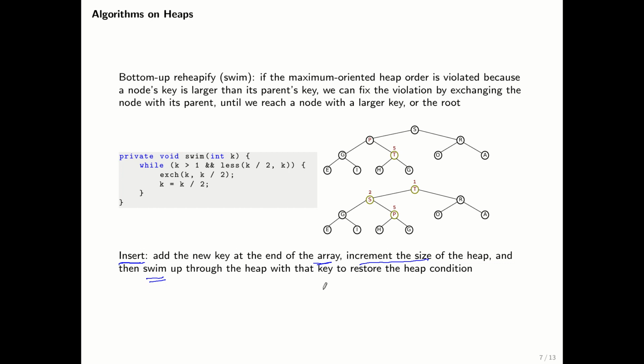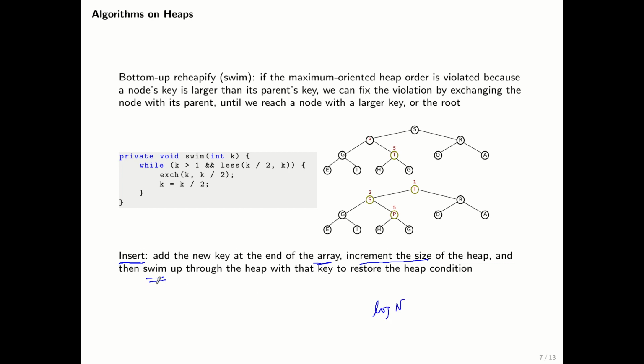Now, what is the running time of this insert operation? Think about it. What did we say about the height of a complete binary tree with n elements? It is log n.